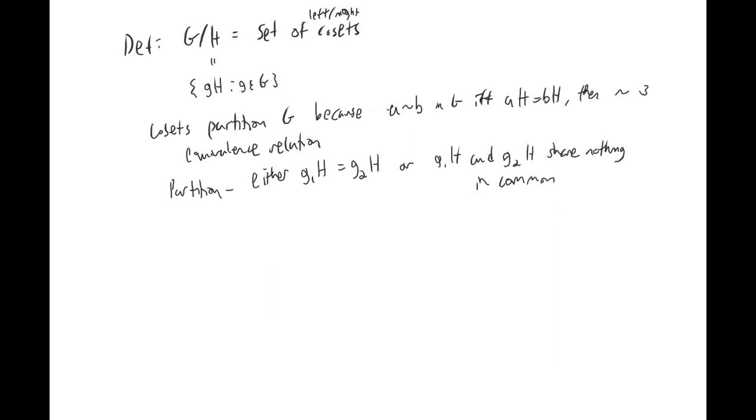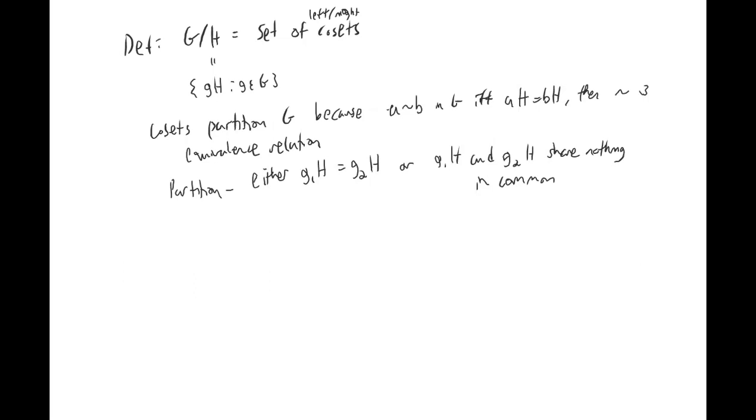It's not possible for them to share just some elements, so their intersection is either empty or the whole set. That's what we mean by partition.